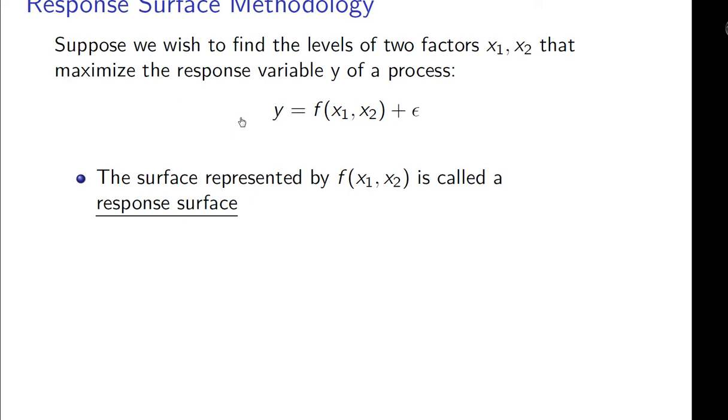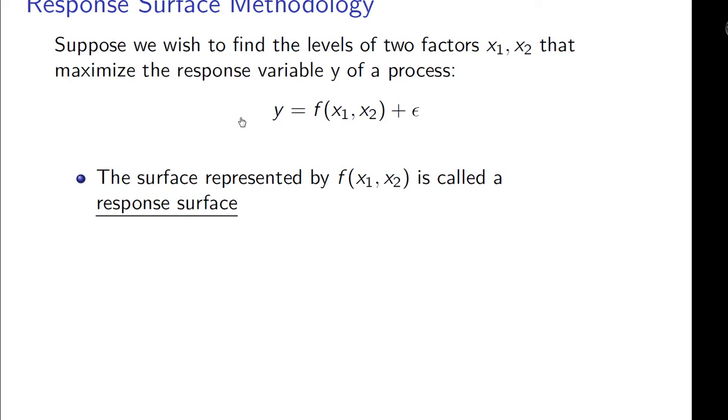And I tried to allude to this when we were talking about central composite designs in particular. And this also requires that you think about an experiment as a collection of points in a particular arrangement in a factor space. So the geometric view of experimental design is important to your understanding of response surface methods.